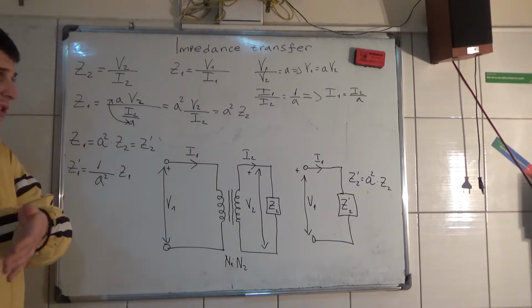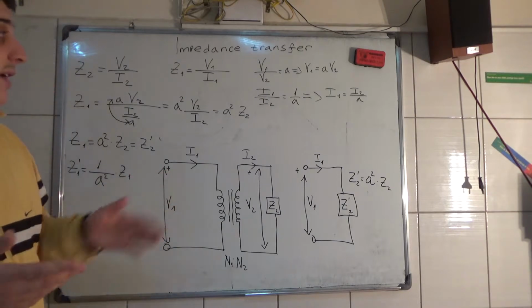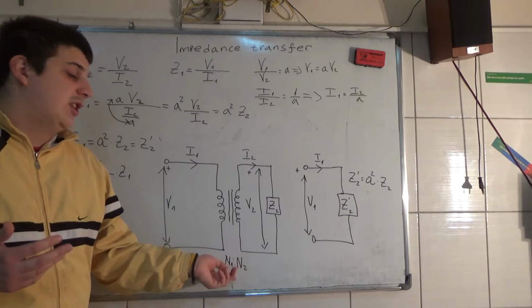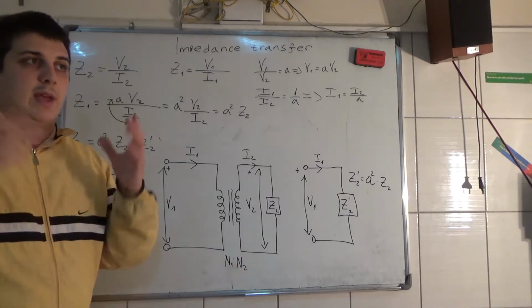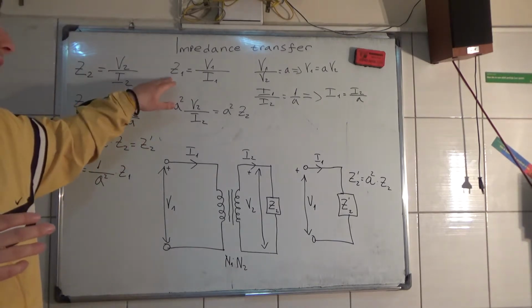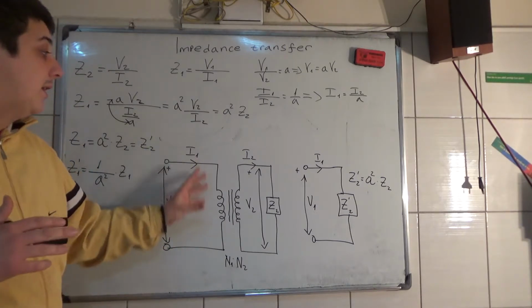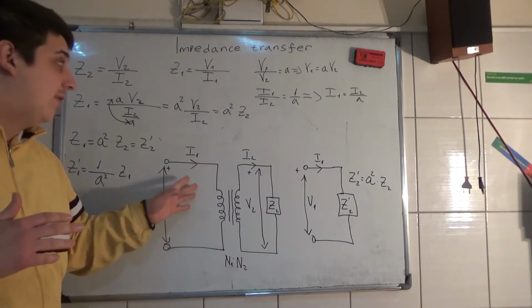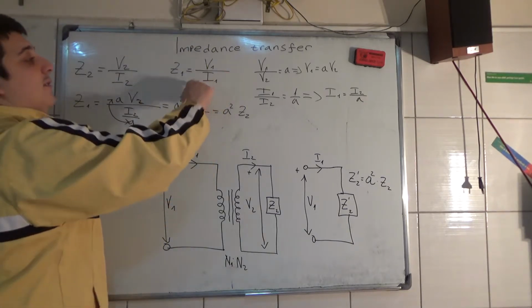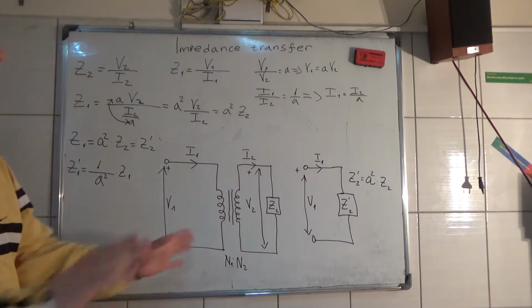Only in superconductors you don't have any impedance or resistance, but this is not the case. We always have some resistance, impedance, even in an ideal situation like this. So we have an input impedance Z1 on the primary side of the transformer, which is also by Ohm's law equal to V1 divided by I1. So I think you understand this part.